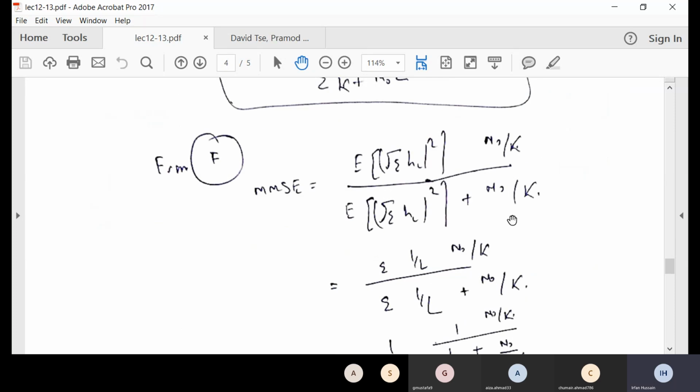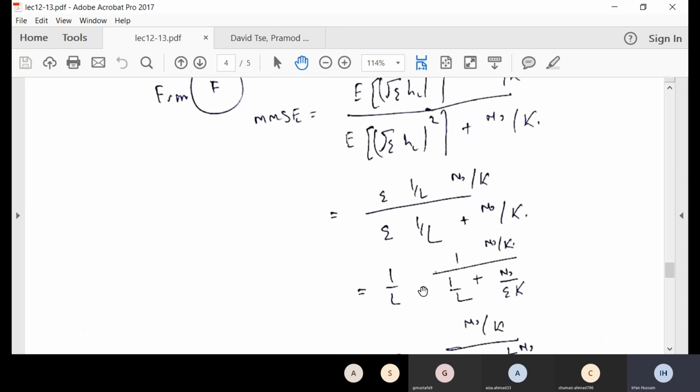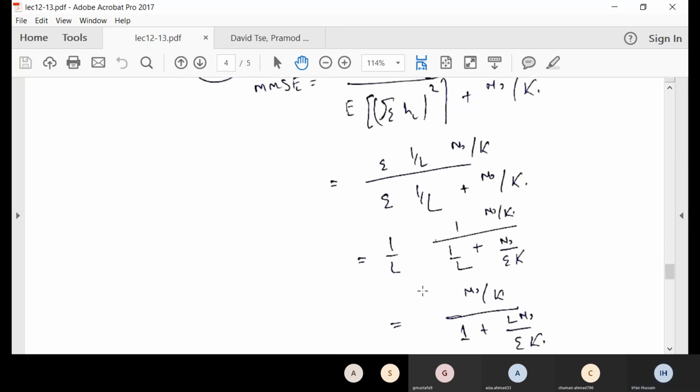So our N naught is now N naught over K, and MSE is your signal X, which is now under root E H L. This under root E will become square, E will come outside, E H L mod square will be 1 over L. Then I can divide both sides by 1 over epsilon, epsilon cancels, but epsilon will come here.